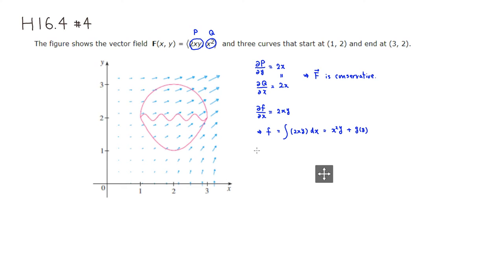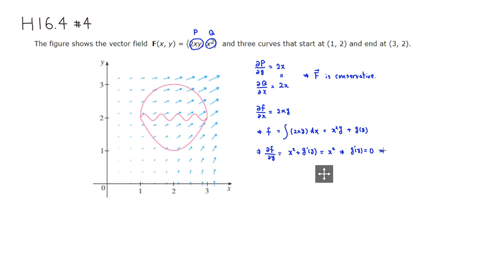Then we also have to make sure that the partial derivative of this potential f with respect to y is equal to Q. So the derivative with respect to y is x squared plus g prime of y. This has to equal x squared, which means g prime of y has to be equal to 0, because there's nothing else.